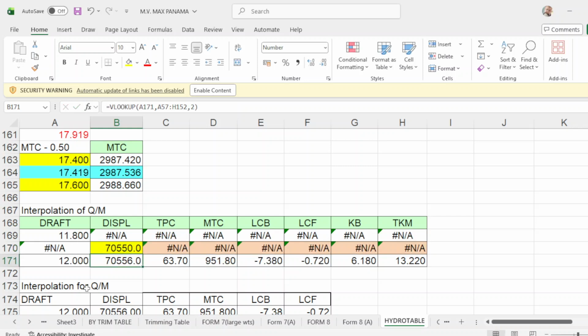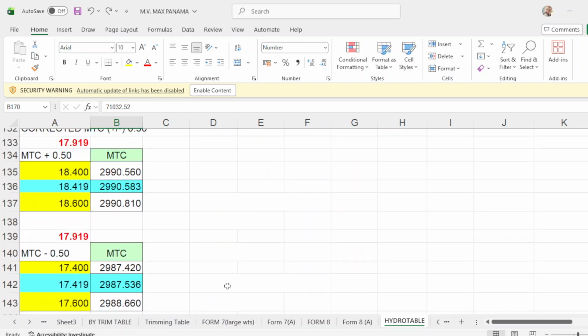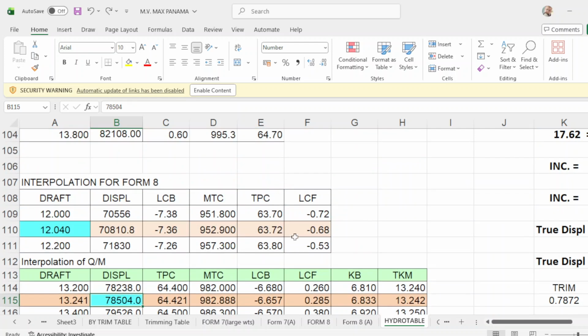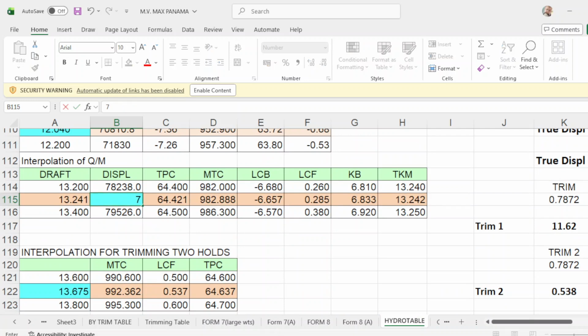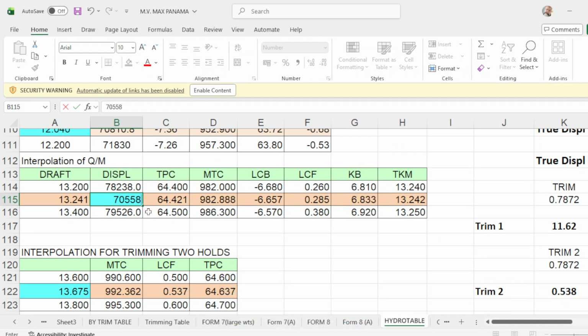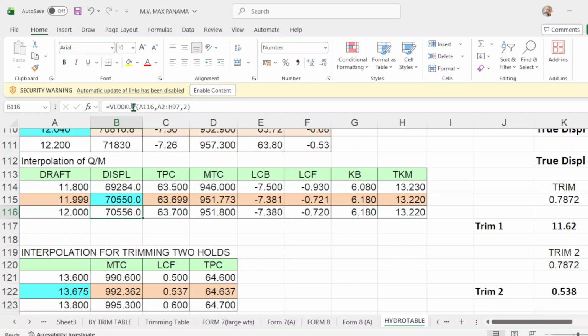That is in number 8, okay? 70550. That will be 12 meters, okay?